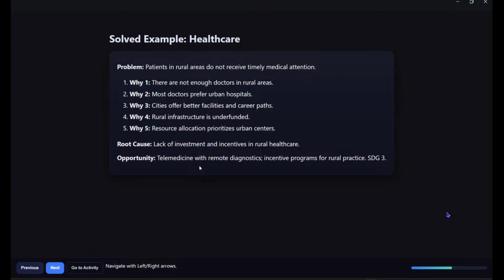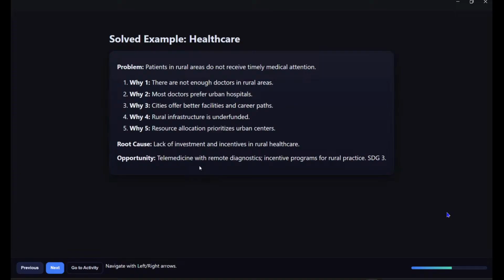So, first why: there are not enough doctors in rural areas. But why? Because most doctors prefer urban hospitals. But why?